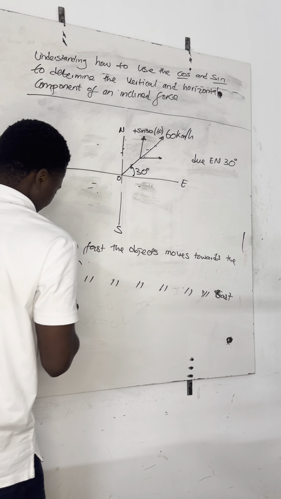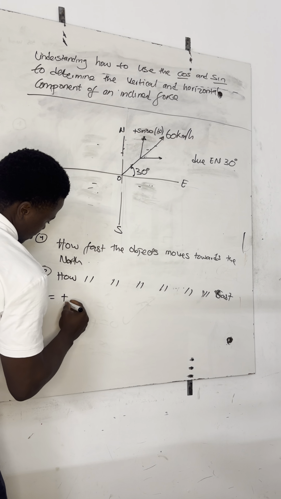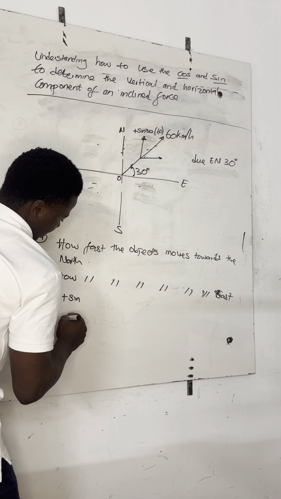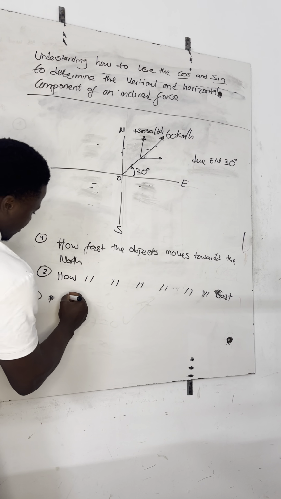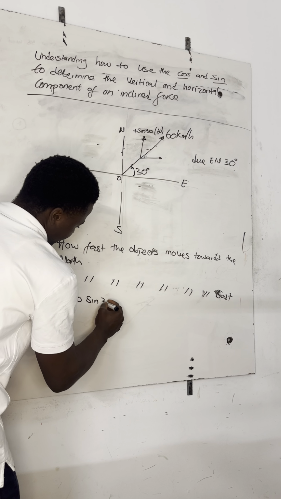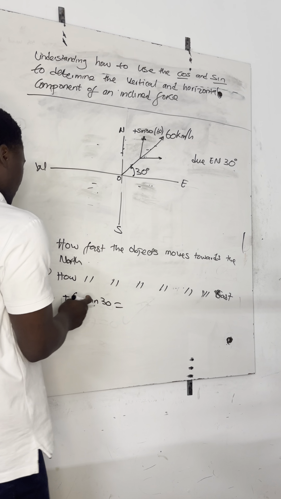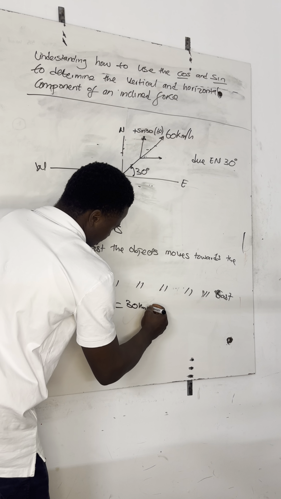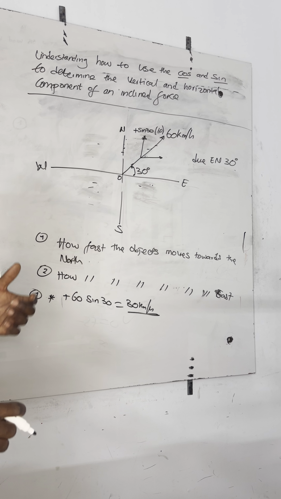So this implies equation 1, which is plus, is sine, because it's moving forward. Or you can simply write it in this manner, plus 60 sine 30. There you have your answer. Sine 30 is simply 0.5 multiplied by this. You are going to get 30 kilometers per hour. That is how fast it's moving towards the north.